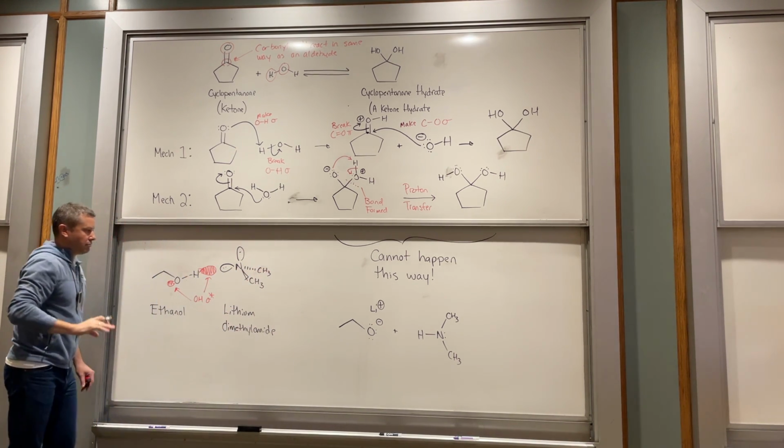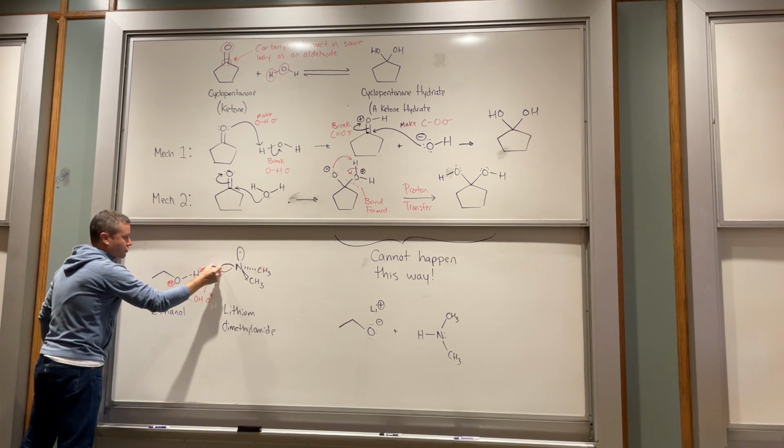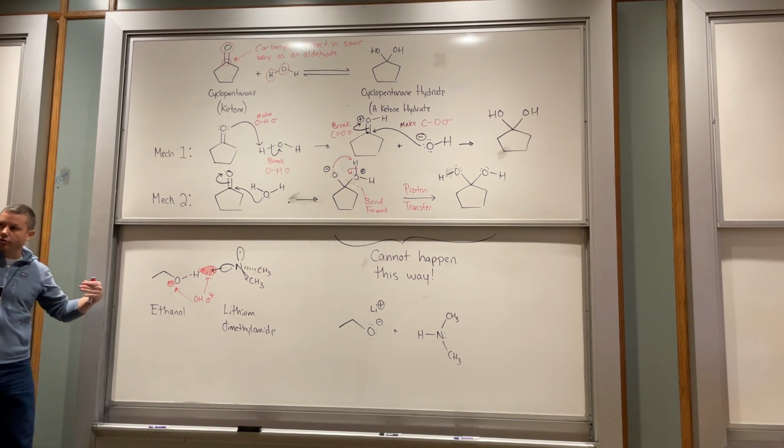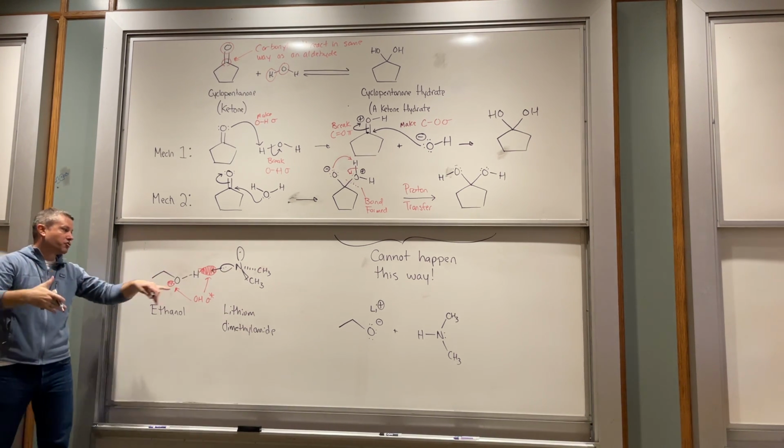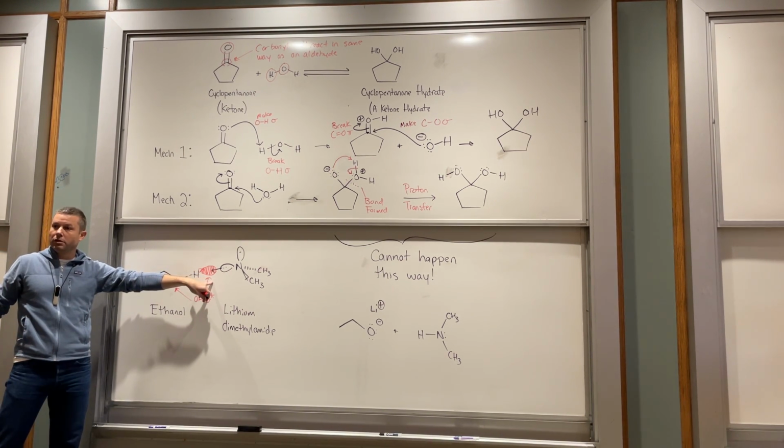I'm just going to draw it at a slightly different perspective. These orbitals have to overlap head on. So the non-bonding orbital of nitrogen has to come straight into the anti-bonding orbital of the OH bond of the acid.